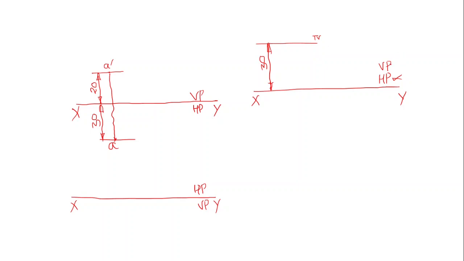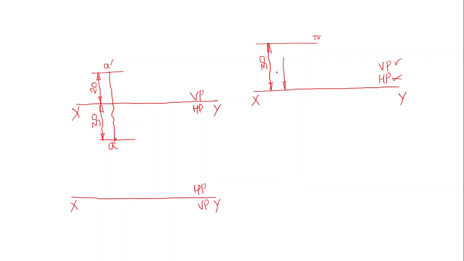Then coming to the front view, we select this entire space as VP and mark a tick mark here. Now this entire space is treated as VP. Then we mark the distance from HP in VP. Here that distance is equal to 20 mm.